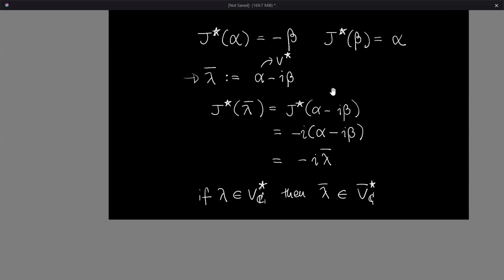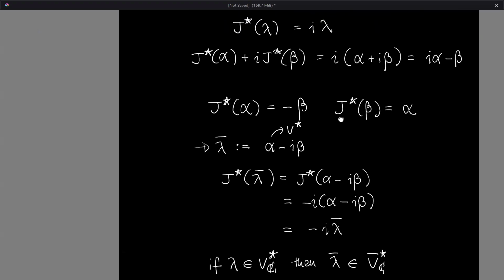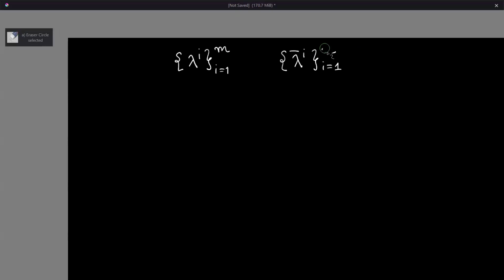So that's the first result that we're going to need in order to prove the second one, which is the decomposition of V star cross C. Before we get to it, we know that lambda I, I equals 1 to n, and lambda bar I, I equals 1 to, would this be n? No, I think this will be m.